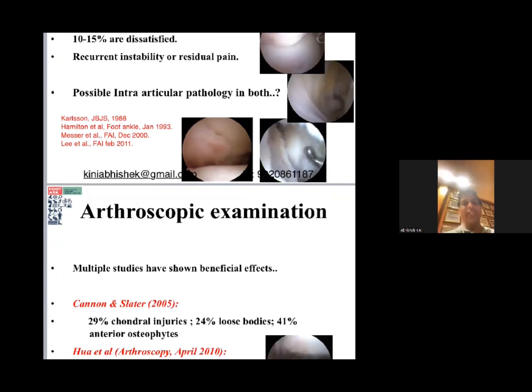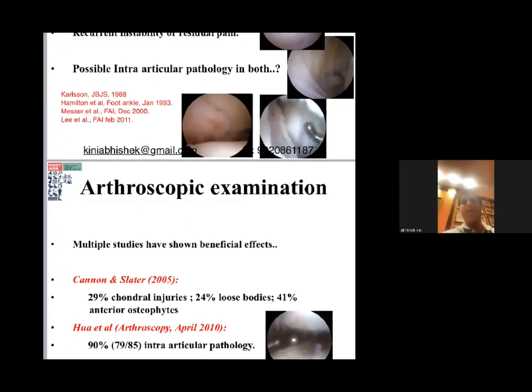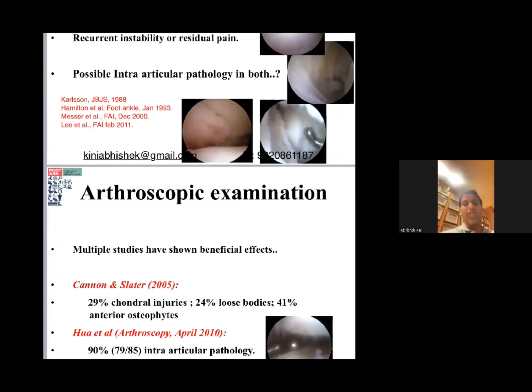So it has been shown that along with a Brostrom, if you do an arthroscopic evaluation and address the intra-articular pathology, it is definitely helpful. The disadvantage of doing an arthroscopy with an open Brostrom is that the lateral gutter opens up, or the tissue becomes very mushy because of the extravasation of fluid, and that makes an open Brostrom difficult.